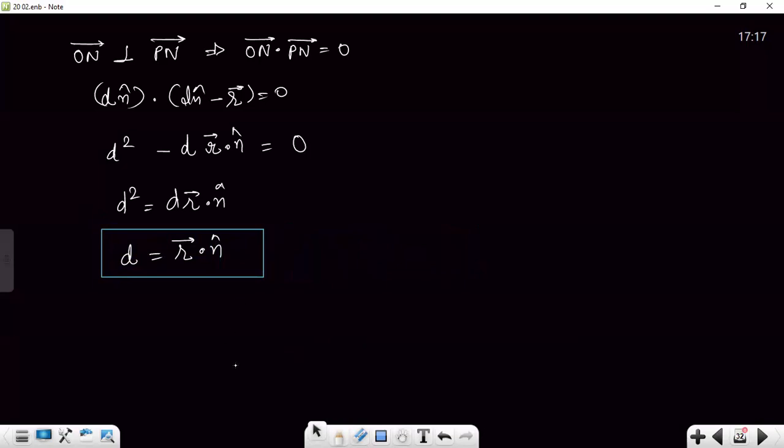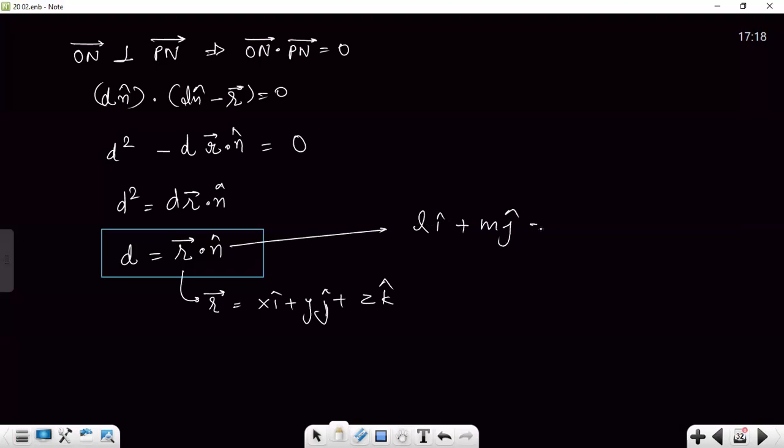Now recall, what is this R vector? R vector is a general vector, which is xi cap plus yj cap plus zk cap. What is n cap? N cap is the unit vector of the normal vector. D is what? D is the distance.